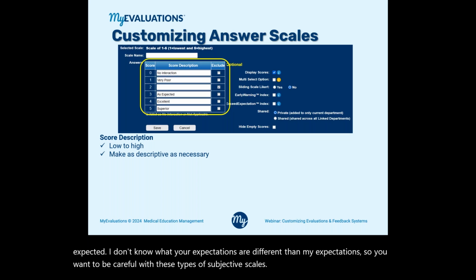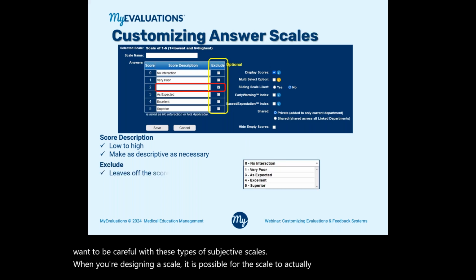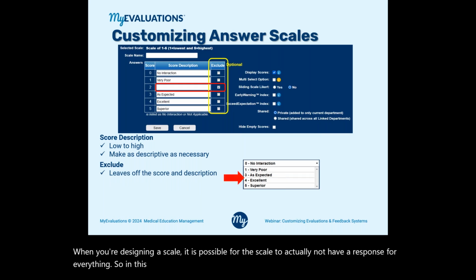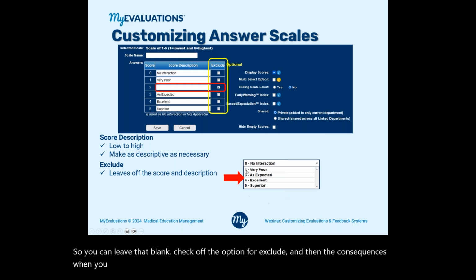When you're designing a scale, it is possible for the scale to actually not have a response for everything. So in this case, we've designed a scale where we have excluded a value for the number 2. So you can leave that blank, check off the option for exclude, and then the consequence is when you present that scale, it will not display the numerical value for 2.